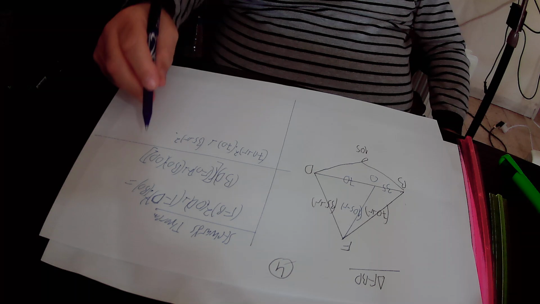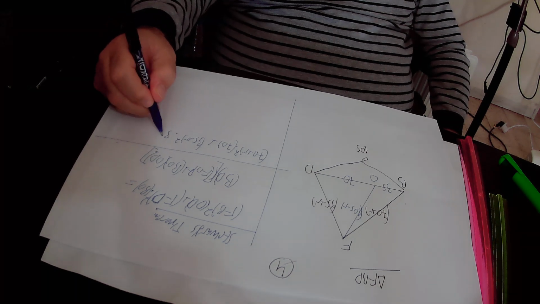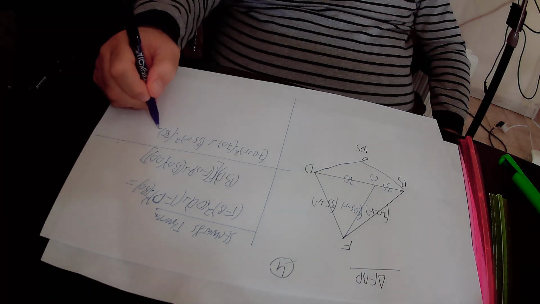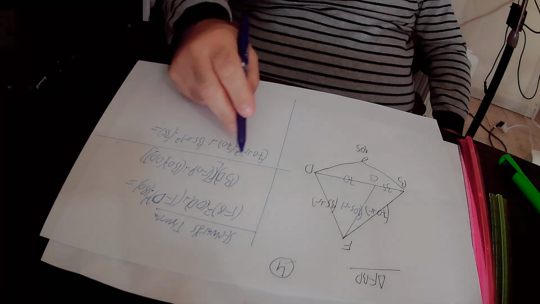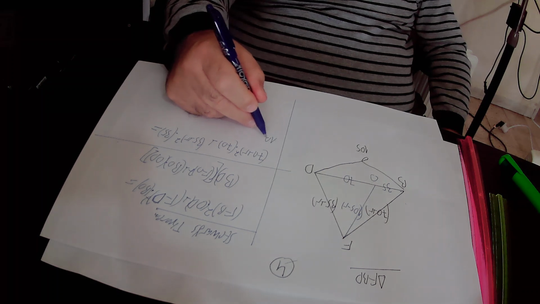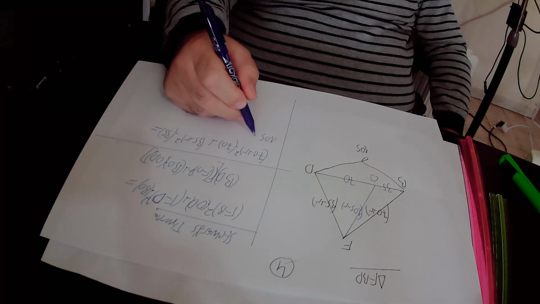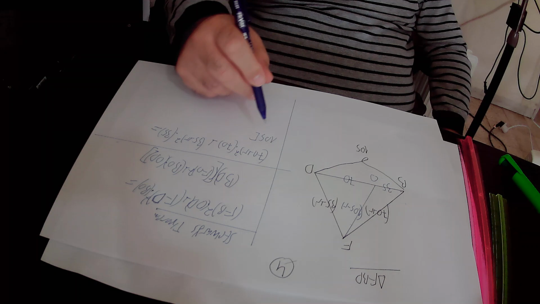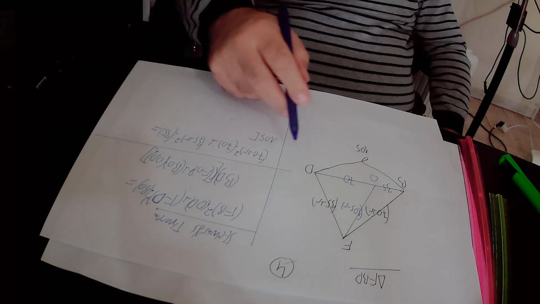BO is 35, so we substitute BO by 35. And it is equal to BD. BD is 105, so we substitute BD by 105. We open the brackets. Inside the brackets we have FO squared.